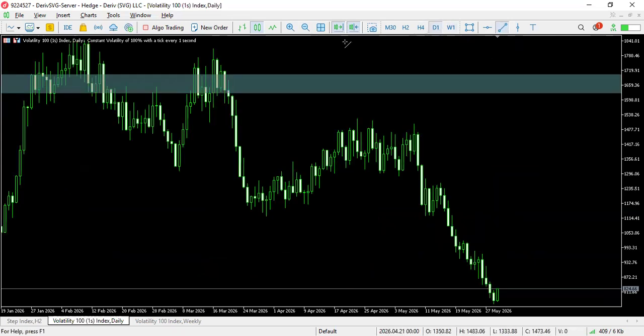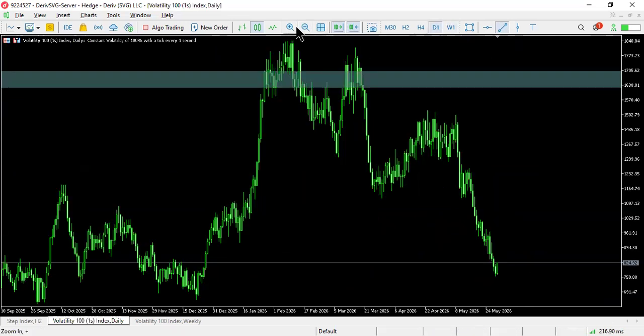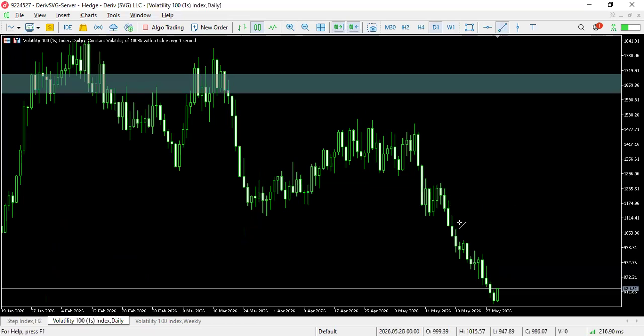But heading over to the daily time frame, on the daily time frame, this is our most recent break of structure. So we have a break of structure right there.